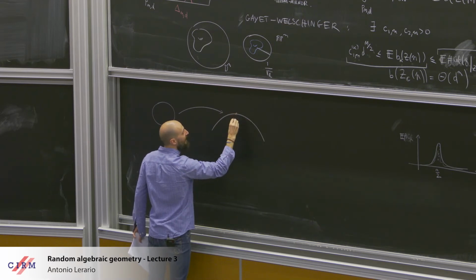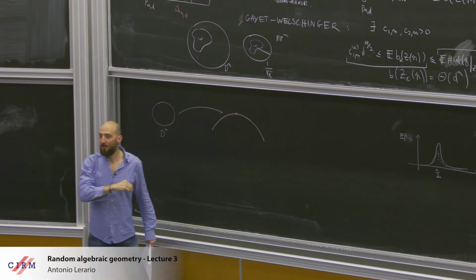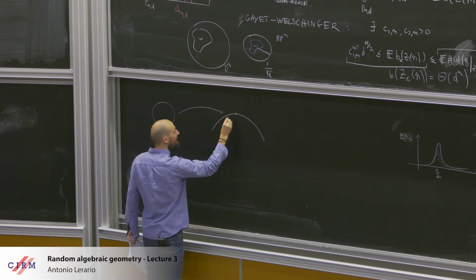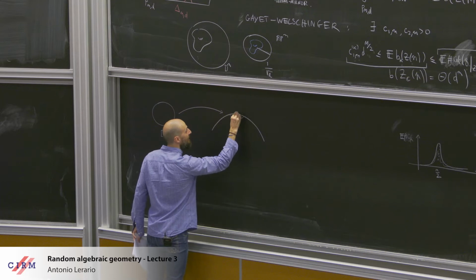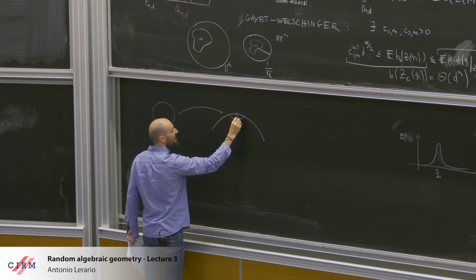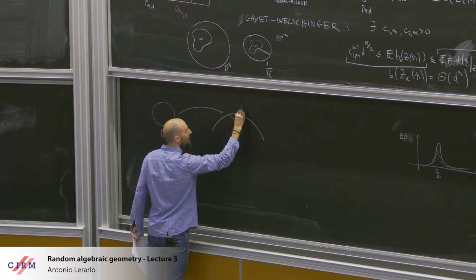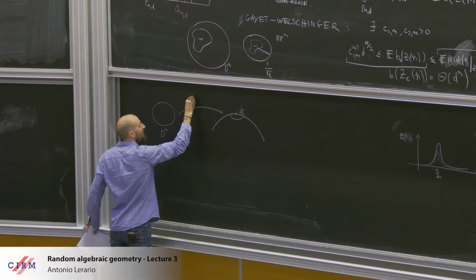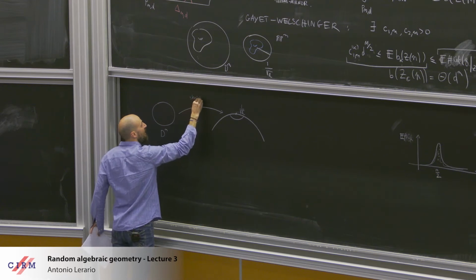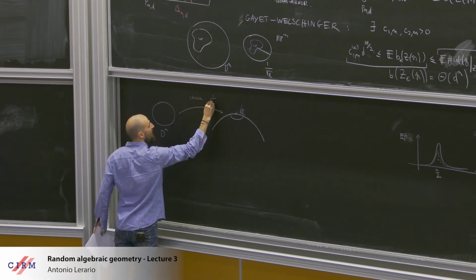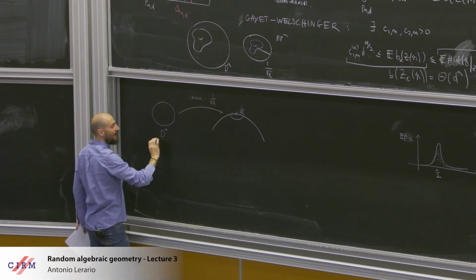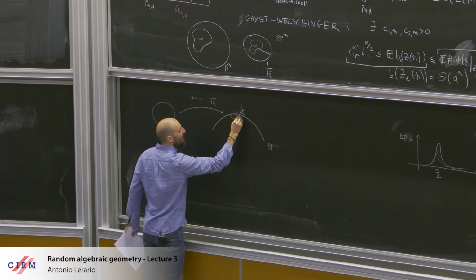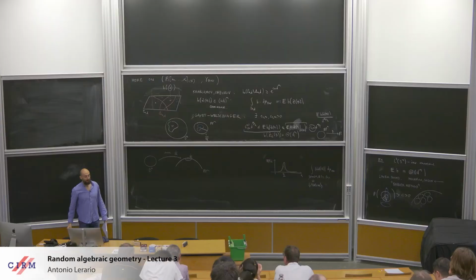Choose one point in projective space, because the distribution is orthogonal invariant; you can choose any point, it doesn't matter. Now fit this disk on the small disk of radius 1 over square root of d around this point. This map is just a shrink. So I have the disk in Rn, and I fit it inside a disk of radius 1 over square root of d in my projective space.